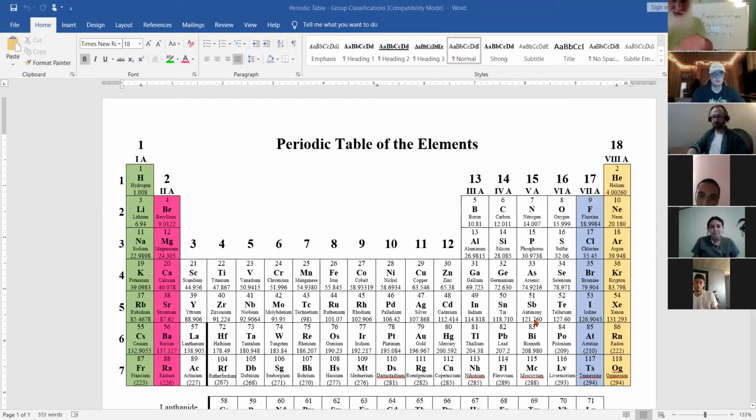Because of these 4 groups that are colored, I generally think of them in terms of the Roman numerals rather than 1 and 2 and 17 and 18. You should be familiar with them both ways. It's kind of easy to remember because they're at the 2 extreme ends of the periodic table, to the far left or the far right.